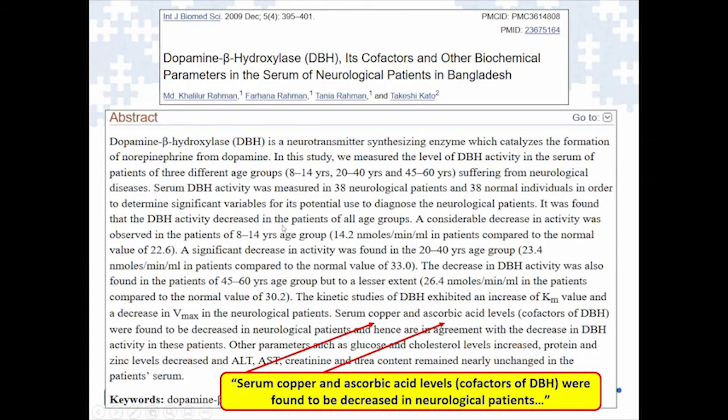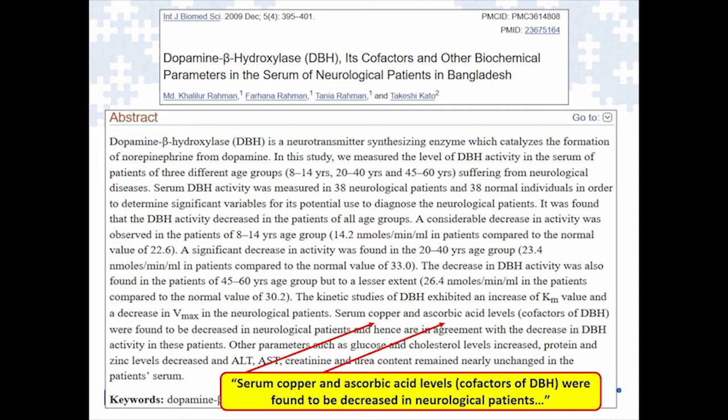There's been a lot of research showing that deficiencies in copper and deficiencies in ascorbic acid could decrease dopamine beta hydroxylase activity, therefore increasing the accumulation of dopamine, and increasing the accumulation of HVA or DOPAC.